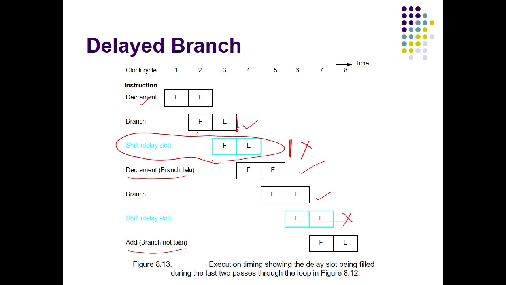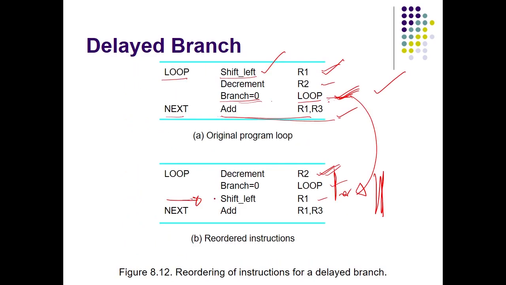What I basically did is change this part a little, because before, after entering the loop, this was a must; you have to execute this part and then this one, and again it will go here. So after the branch you put the shift left.